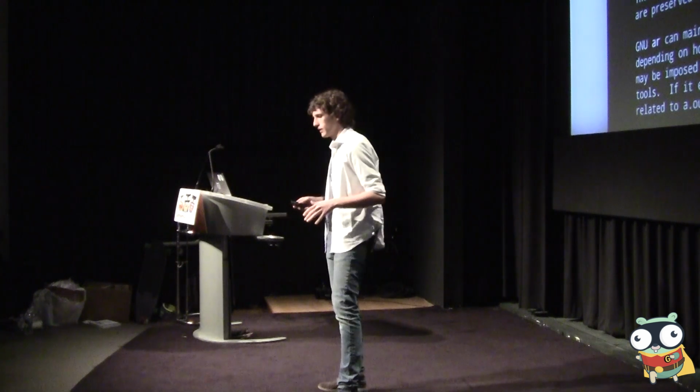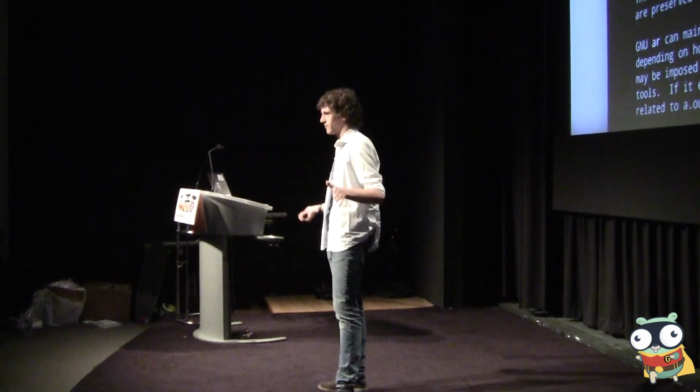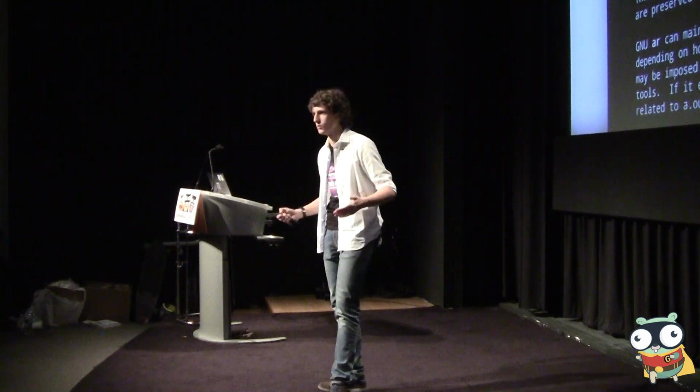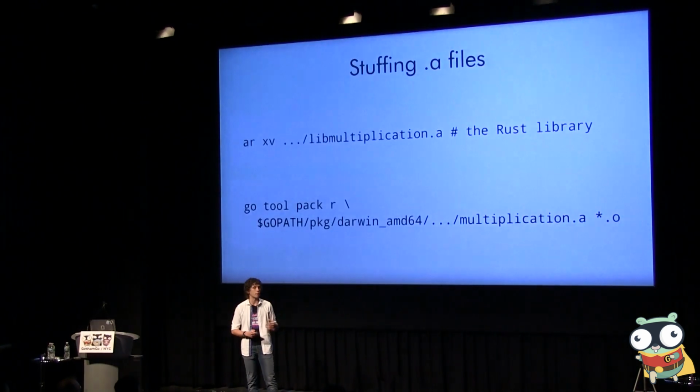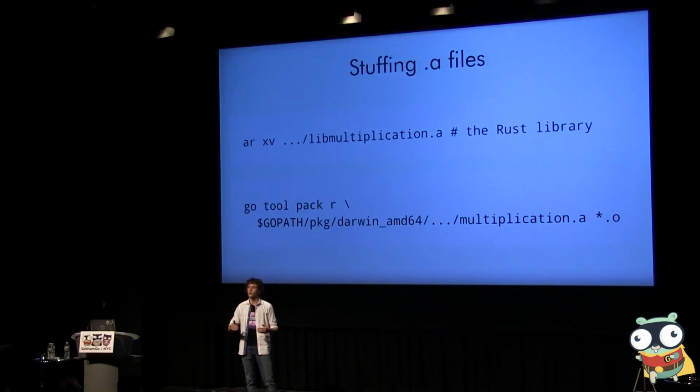It's a very simple format that, of course, has 1,000 different variations because it's a Unix tool. The original variation has a maximum file name length of 15 bytes. There are extensions, but the Go archive tool, which is cmd/pack, uses the original ar-style Unix format.